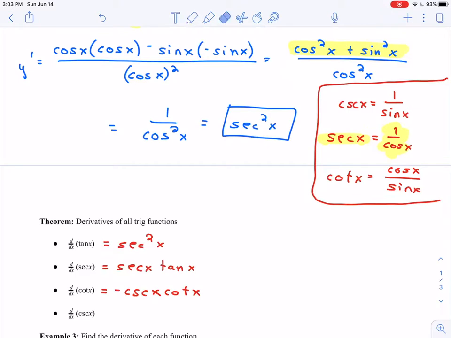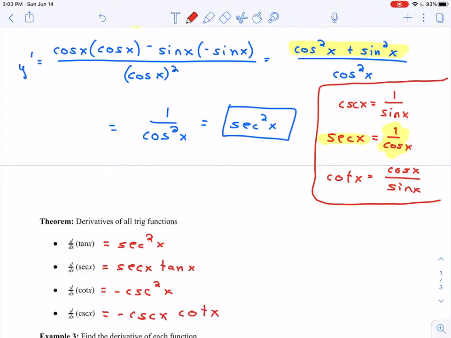Oops. I said I know my derivatives. I must have lied because I messed that one up. Derivative of cotangent of x is actually negative cosecant squared x. My apologies. And then the derivative of cosecant of x is negative cosecant of x cotangent of x.